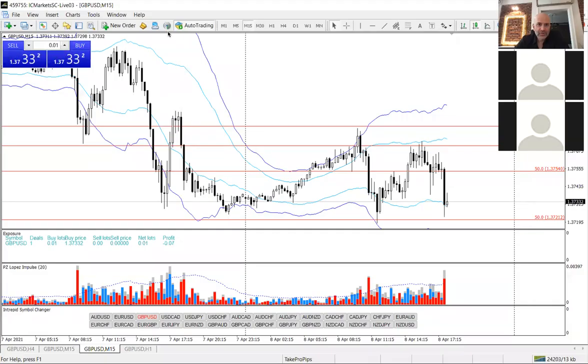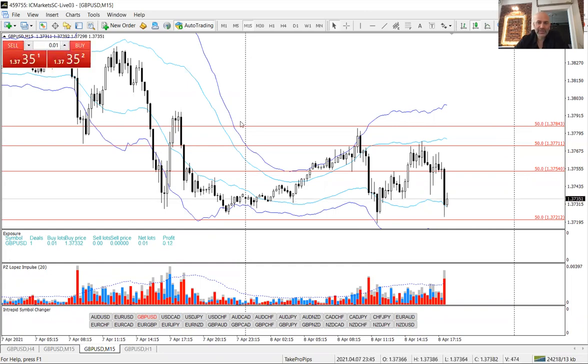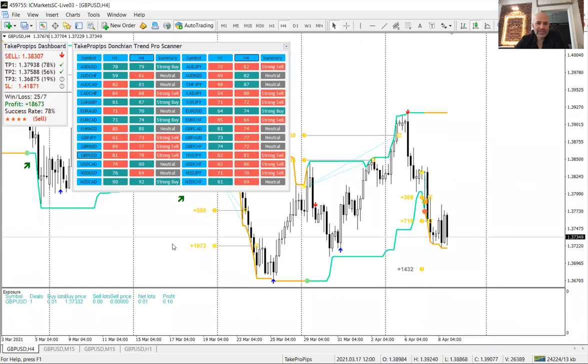So first, as you know, I always like to look at the probabilities. So this is the style of trading that I use. I always look at the probabilities. So today is a little bit different in the sense that this GBP USD gave a sell signal and it reached the two targets, TP1 and TP2.